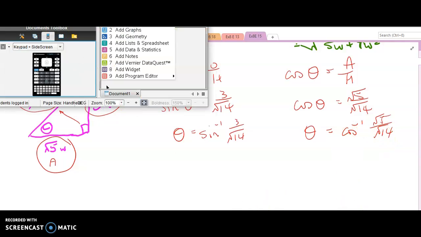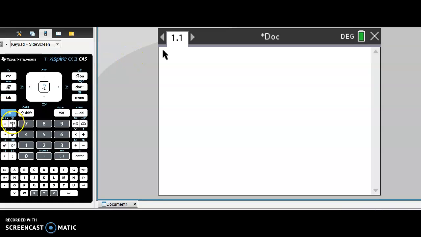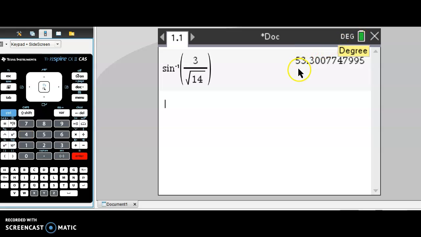We have the trig button. First one was inverse sine, and that was 3 divided by root 14. Check that it's in degree mode, press enter, and we have 53.3 degrees.